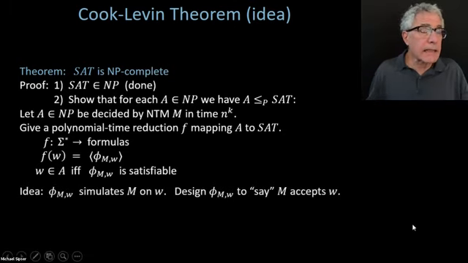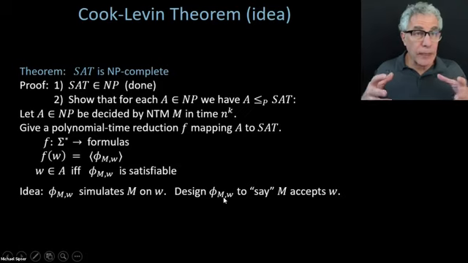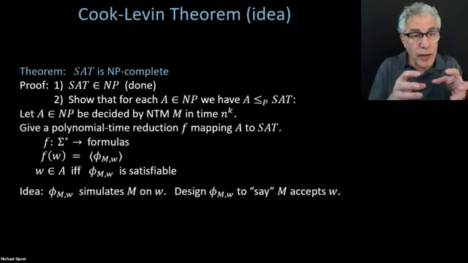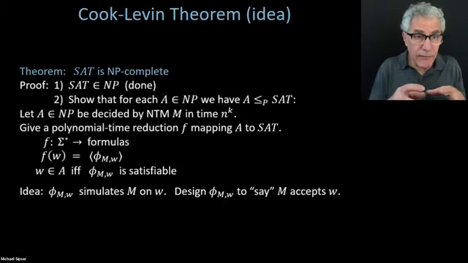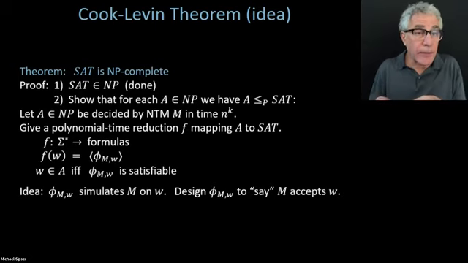And the idea is, and we've seen things like this before, the formula we're going to construct simulates the machine on w. So in some way, it's going to do that simulation. The trick is figuring out what that means. But the interpretation of that formula is that, in a sense, it says, though in my informal language, that M accepts w.